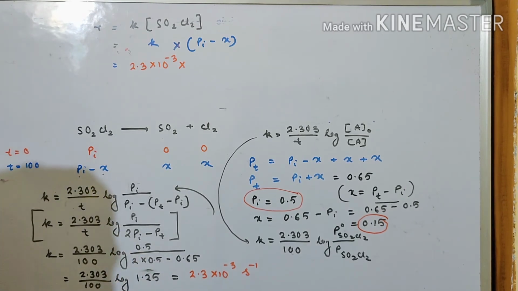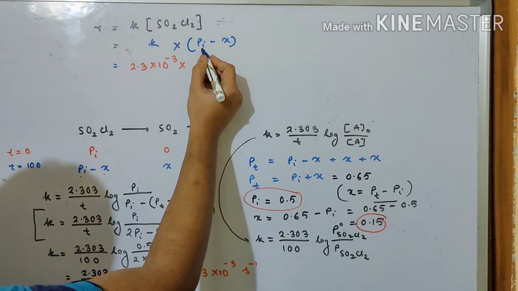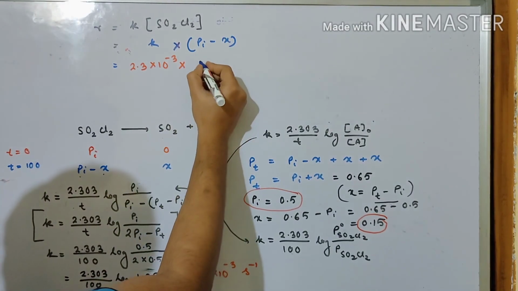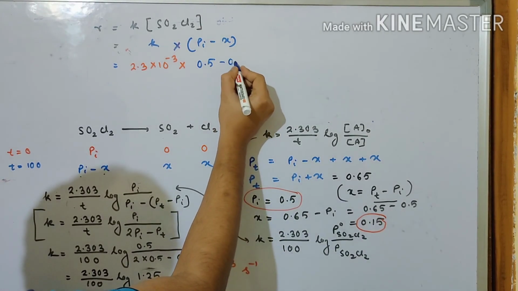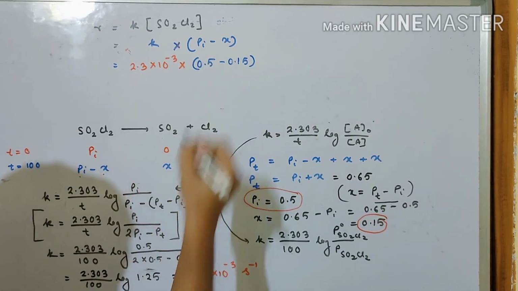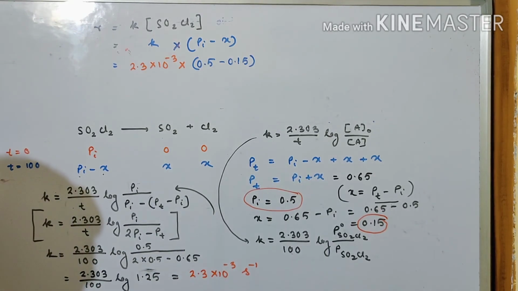Pi minus X means the value of Pi is 0.5 minus 0.15. So it is basically 0.35. Now if we calculate the two, we are going to obtain the pre-calculated value as 7.8 into 10 to the power minus 5 atm per second.